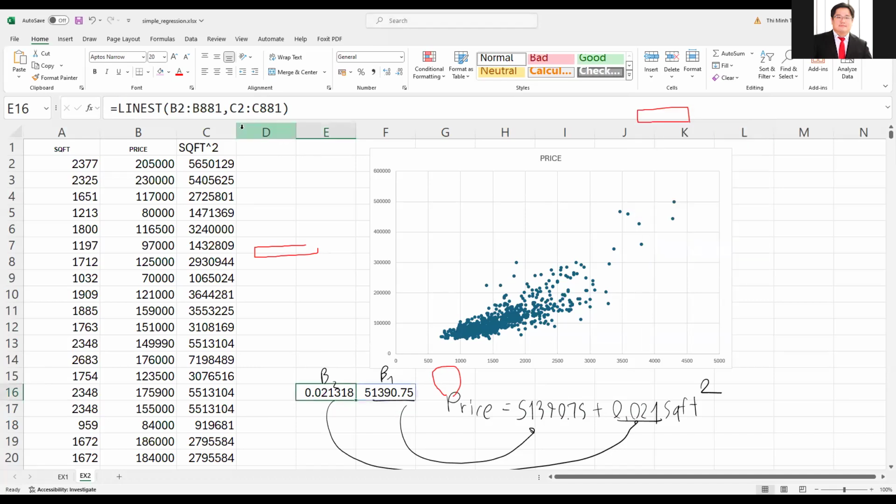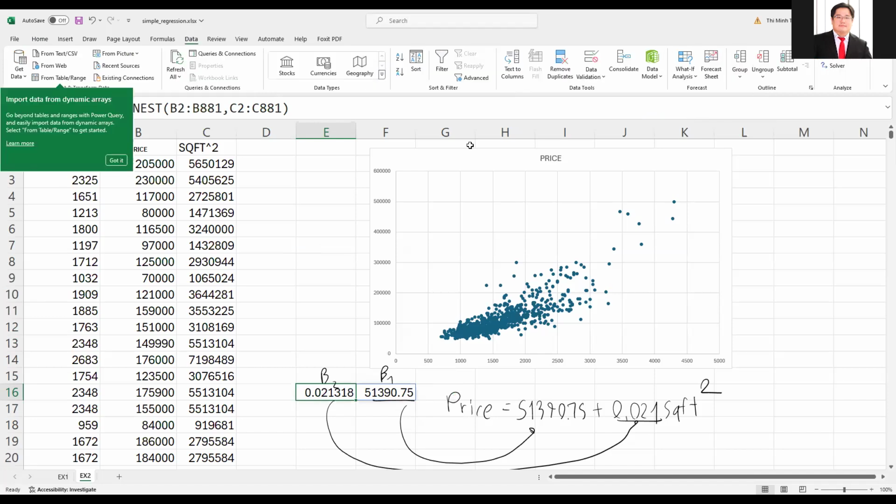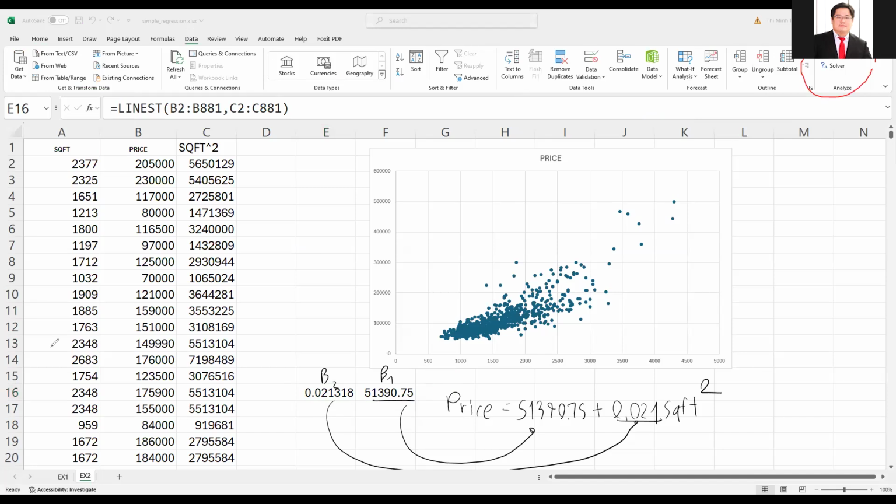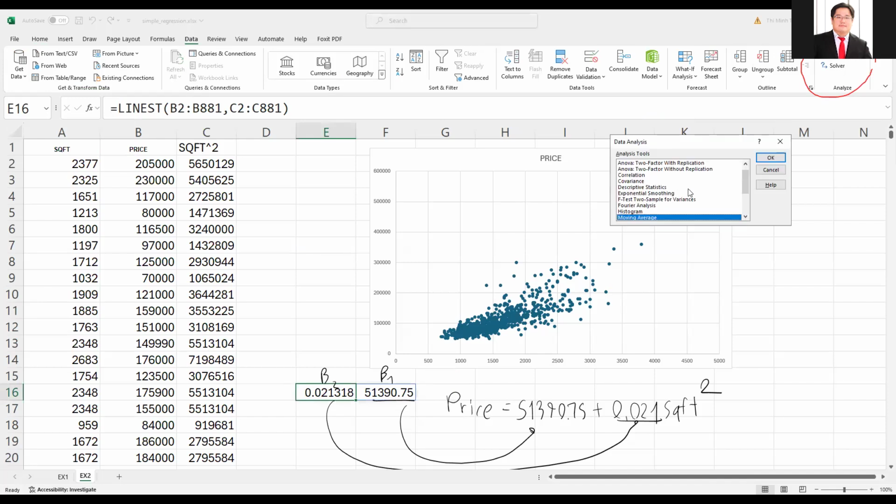Then go to the Data tab, and click on Data Analysis on the right. Let's find Regression. Okay, I will help you. Regression.